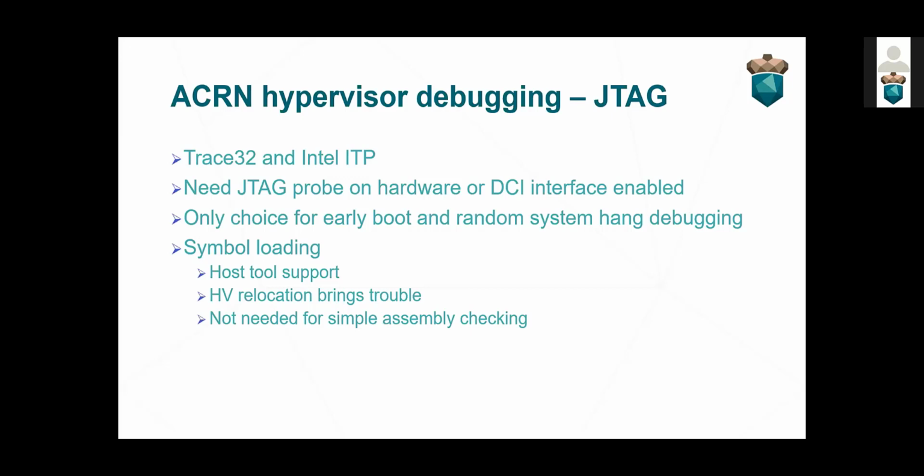If you use the latest Intel SoC, and the BIOS has the DCI interface exposed, you could choose to enable the DCI interface for debugging. The hardware connection actually uses USB 3. One of the USB 3 ports could be used to enable DCI, with a special cable, a Type A to Type A cable.